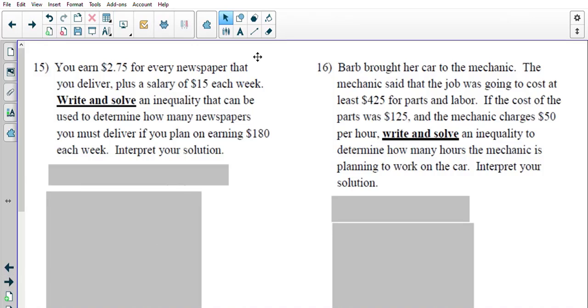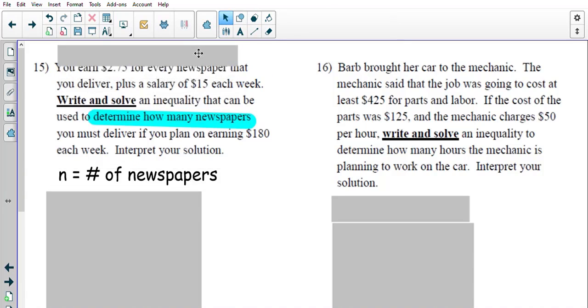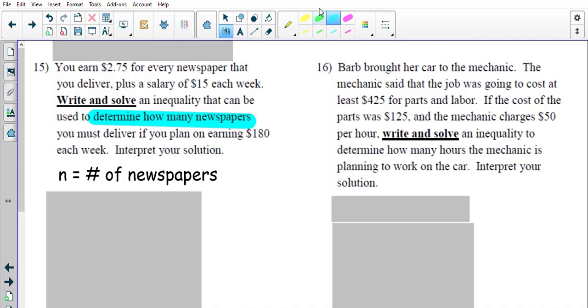Interpret your solution. All right, so first things first, as always, let's identify our unknown. It asks us to determine how many newspapers you must deliver, and I'm going to represent that with the variable n for number of newspapers. Now, we don't really have a word or phrase here that indicates our inequality, but we do know that the total amount we want to earn is $180.